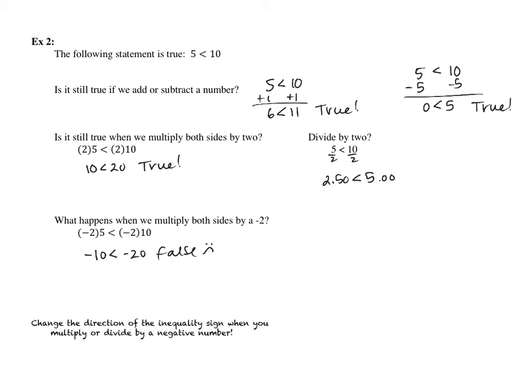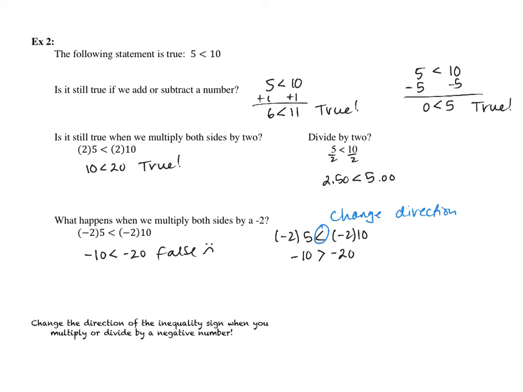Okay, so in order to make that work, when I want to multiply by a negative, I'm going to have to change the direction of that inequality. If I change the direction, then what I get is something that is true.